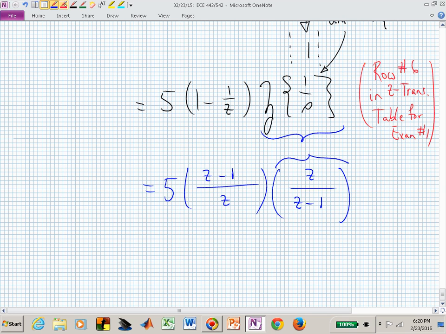Wow. So what happens? We find that the zero order hold equivalent of a gain is a gain. And it's the same gain, which makes sense, I hope.